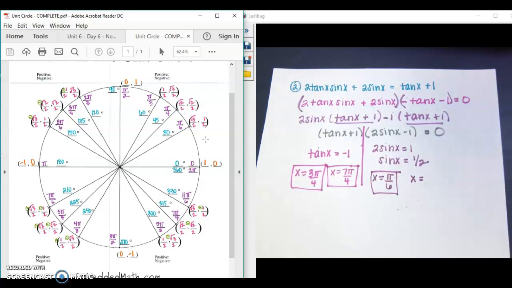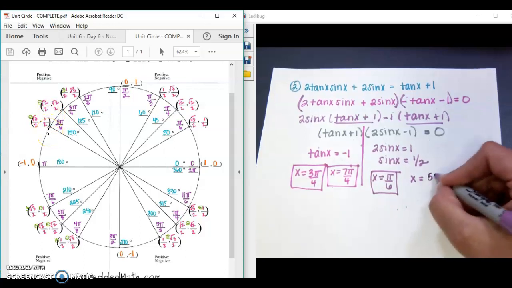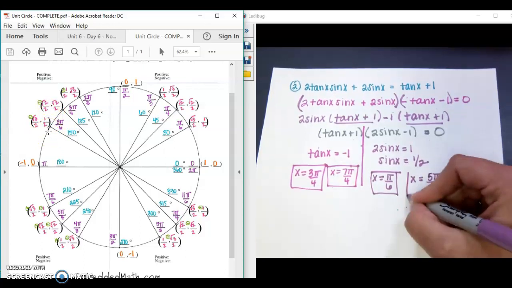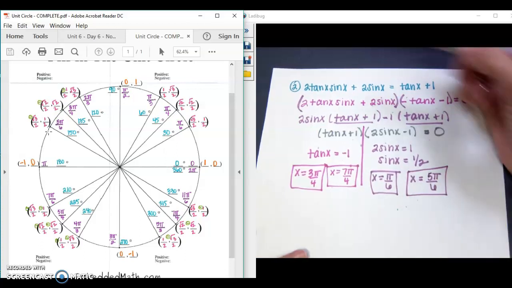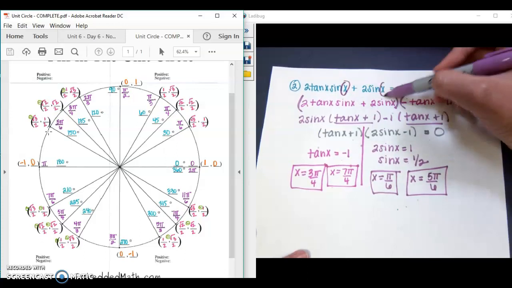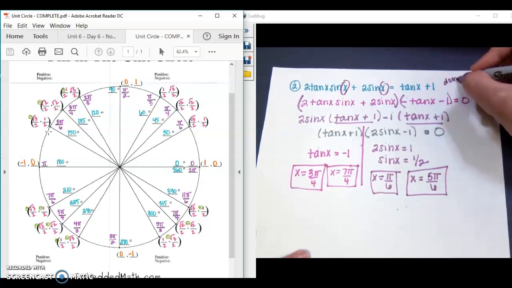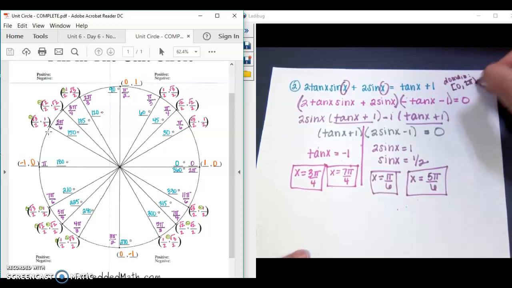And so looking for a positive y that's 1/2, that also happens at 5 pi over 6. So we have 4 answers this time. This problem also was just a regular domain. We didn't have to do anything to fix it. It was still just looking at one round of the unit circle. So we had our domain like that.